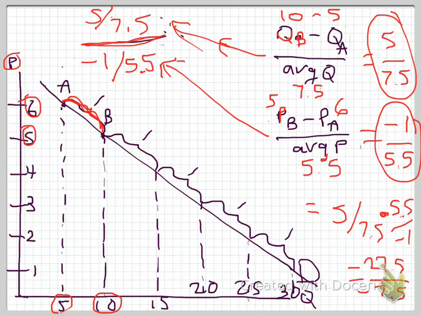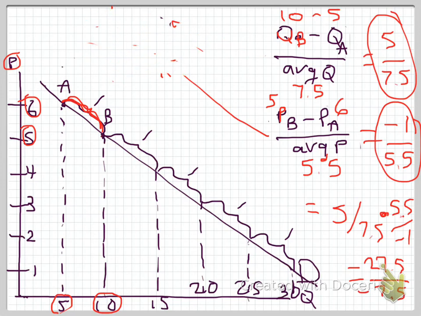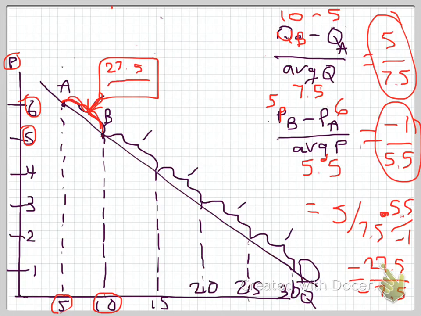So the value you're going to get right here is going to be the arc between A and B, and that is going to be 27.5 divided by 7.5, and it's going to be negative, right?